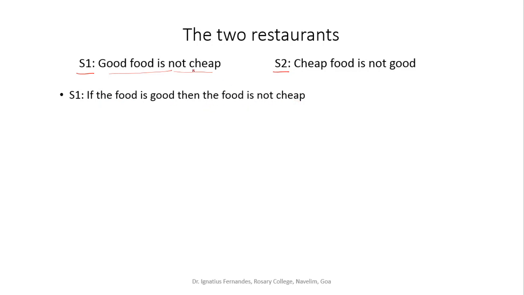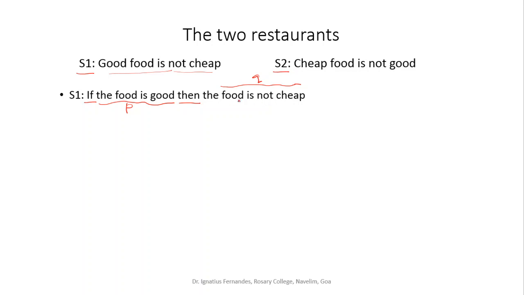What I'm trying to do is write it in the form which we know. Now this is the if-then form. So I have two primary statements here. The food is good, I may take it as P. And there is another statement here, food is cheap, Q, and of course there is a not that is involved here.